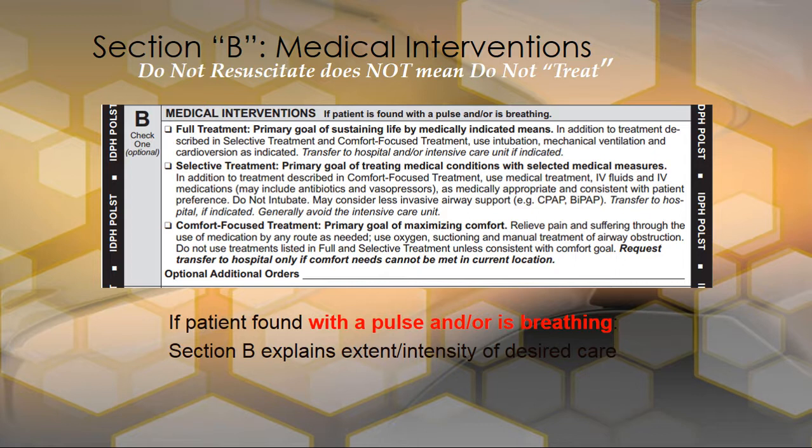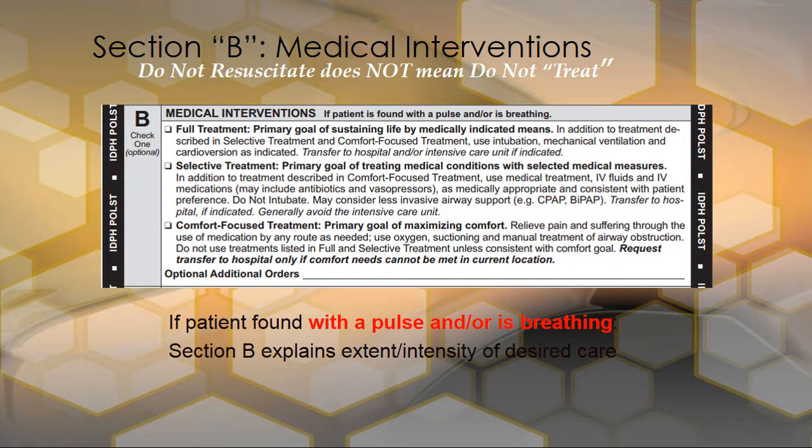Section B addresses medical interventions, because remember, a do not resuscitate order does not mean do not treat. So we have multiple options here that the patient can select in terms of what actions healthcare providers should take if they are found with a pulse and or they are breathing.